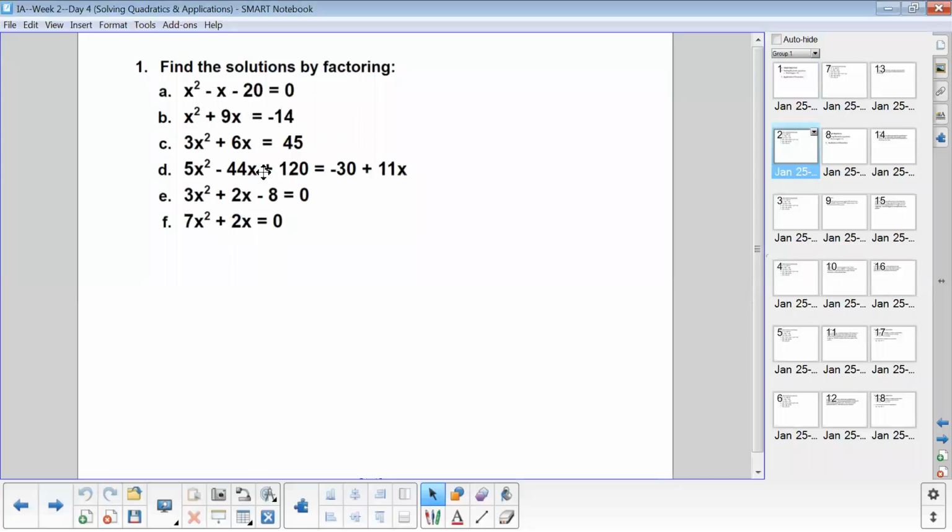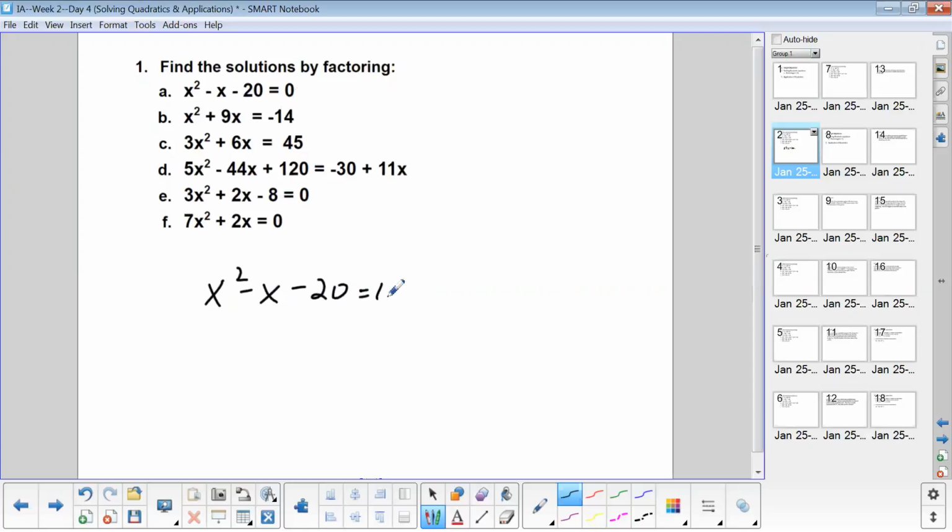So we've got some examples here, going back to the factoring piece, but I want you to look at everything. It's different than what we've talked about in class because now we have equations involved. This first one, I have x squared minus x minus 20 equals 0. We've actually worked one of these in class before.